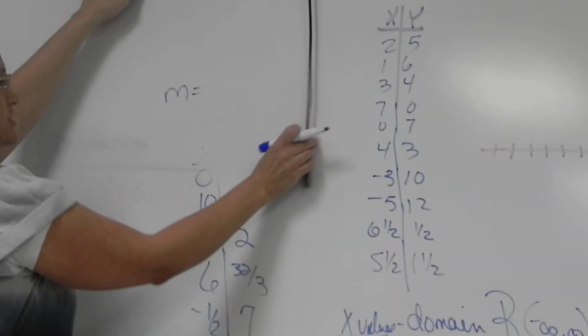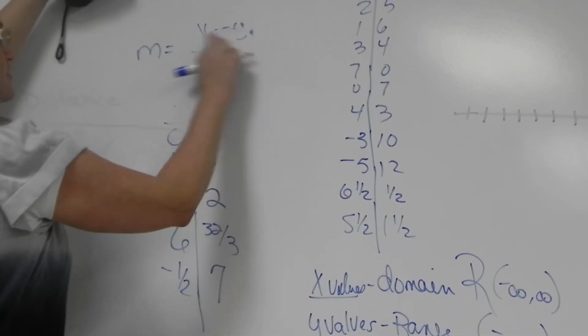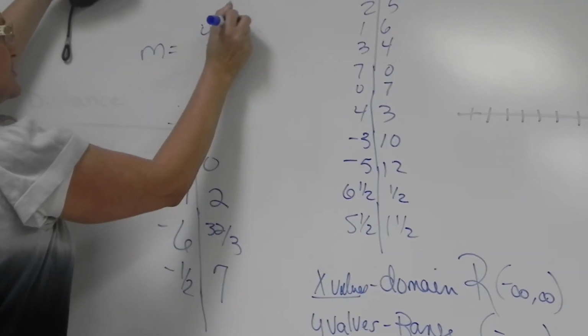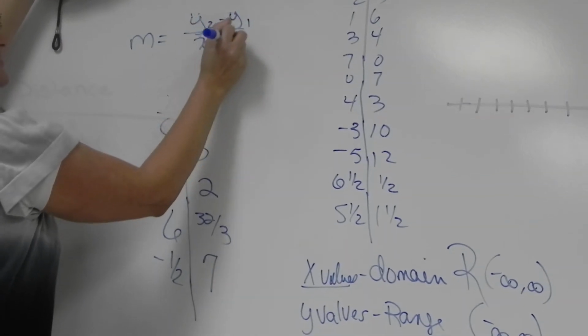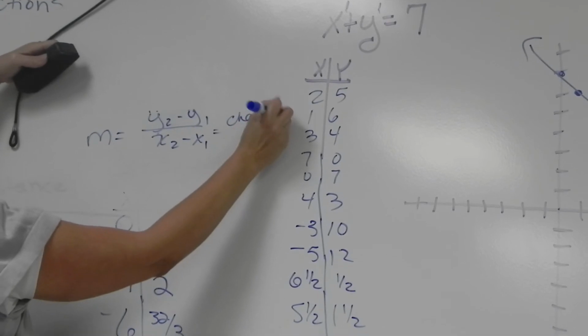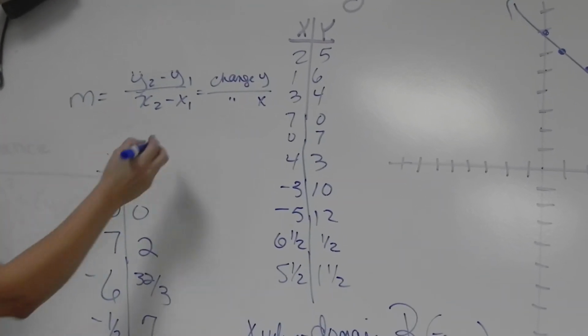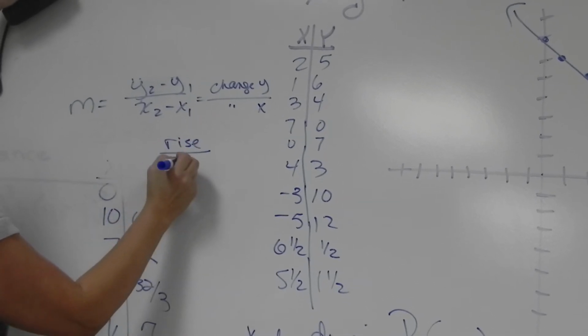And we use m for slope, subtract the y's over subtract the x's. Or that is the change in y over the change in x. How far up over the over, or the rise to run.